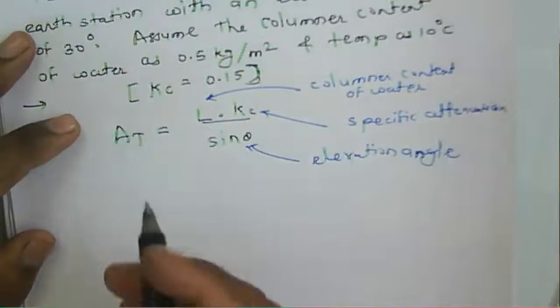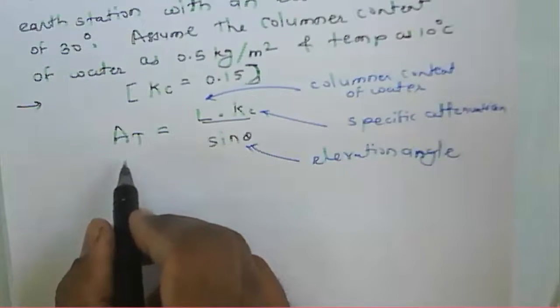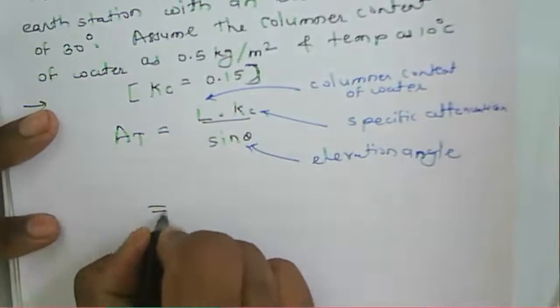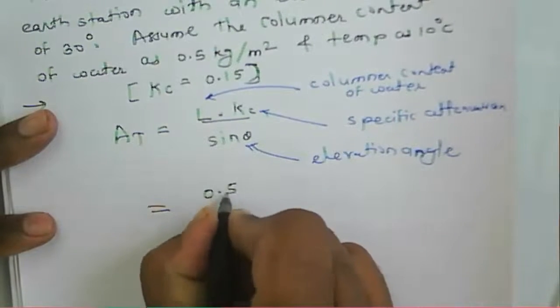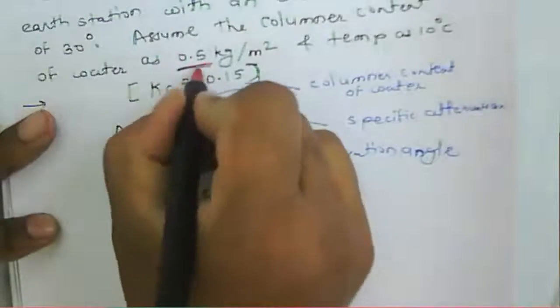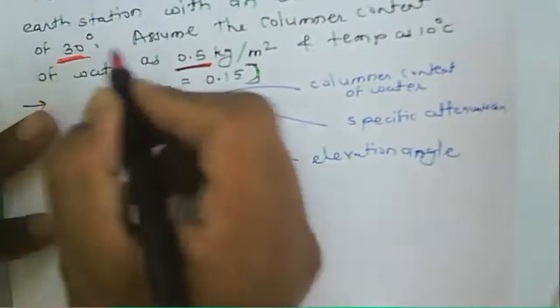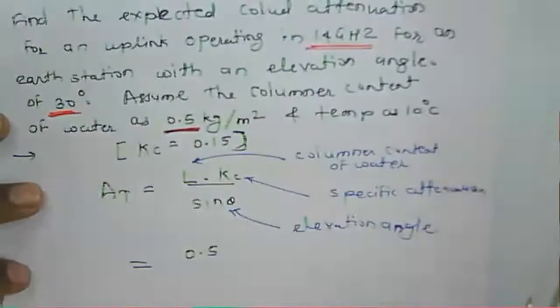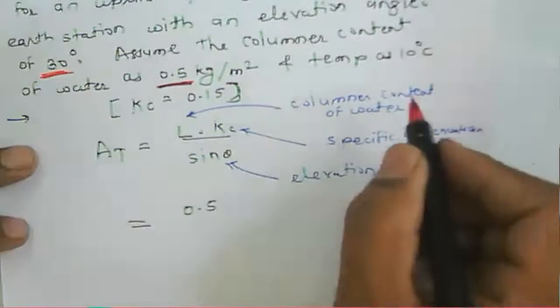Now the total cloud attenuation, AT, is equal to what? L is 0.5 kg, given. The elevation angle is 30 degrees, and the operating frequency is 14 gigahertz.